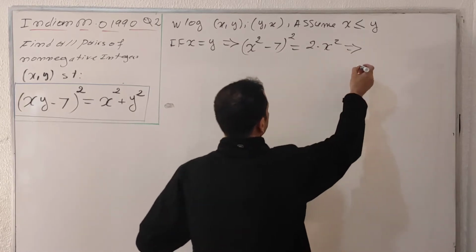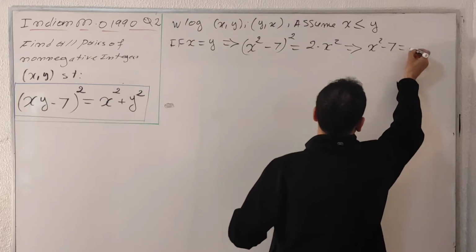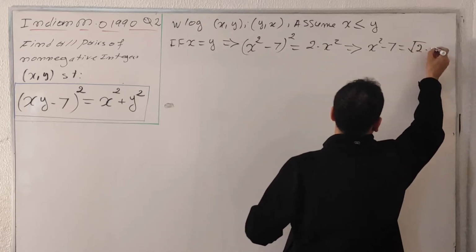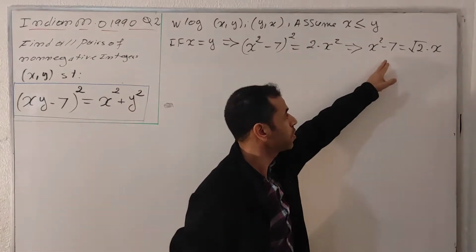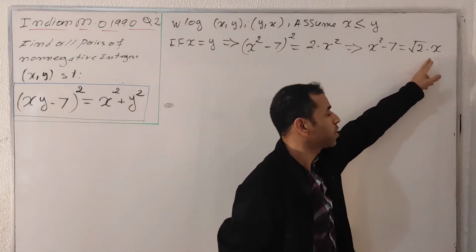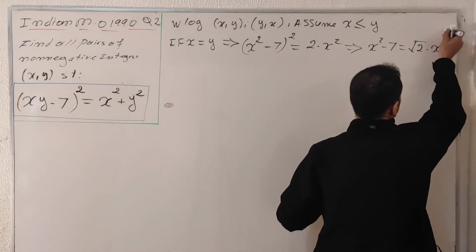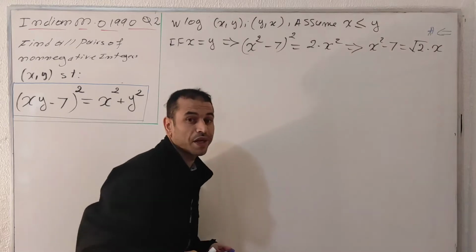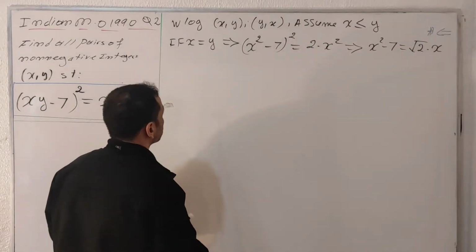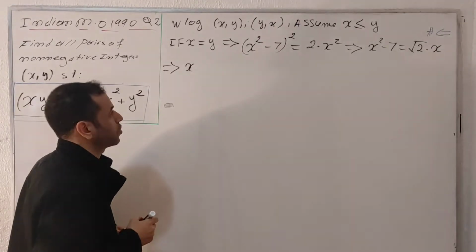I will have x^2 - 7 equals square root of 2 multiplied by x. We have the left hand side of this equation is an integer, but the right hand side of this equation is not an integer. That means impossible. So this one is not a solution. That means we don't have equality. So this one is telling us that x is definitely strictly inferior to y.